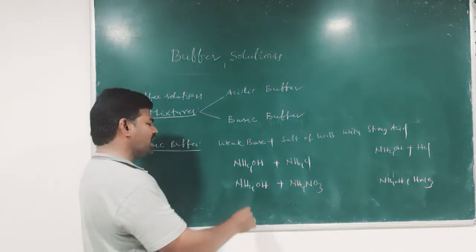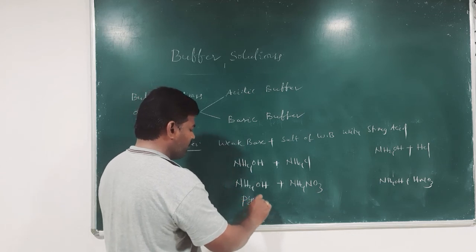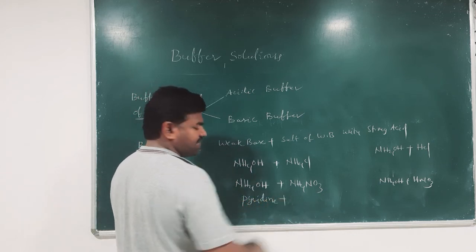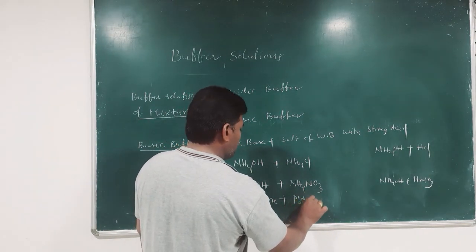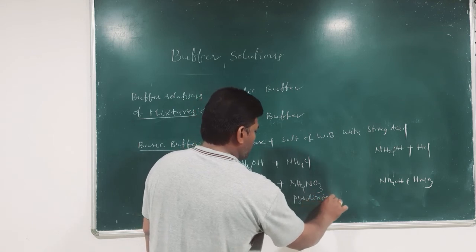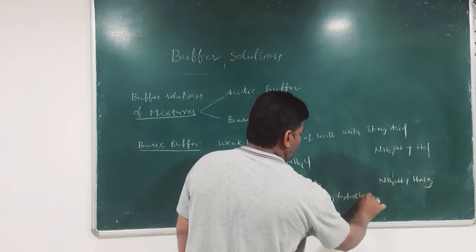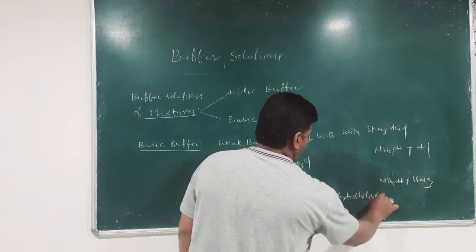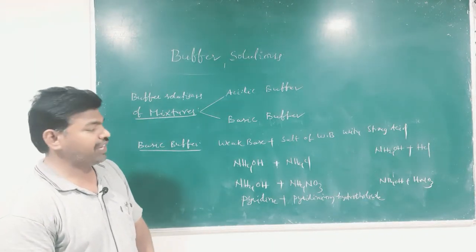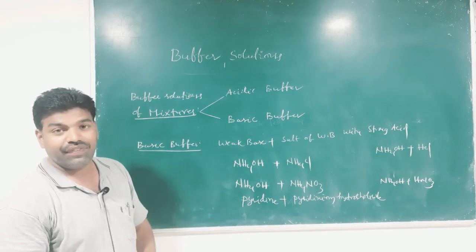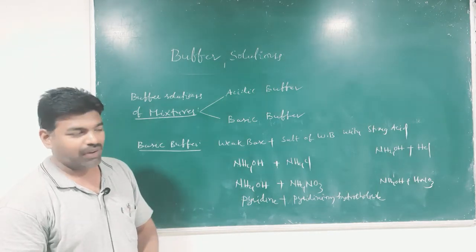There are other examples: aniline, pyridine. Pyridine is a weak base, and pyridinium hydrochloride is its salt. Quinoline is a weak base, and quinolinium hydrochloride is an example for a basic buffer.